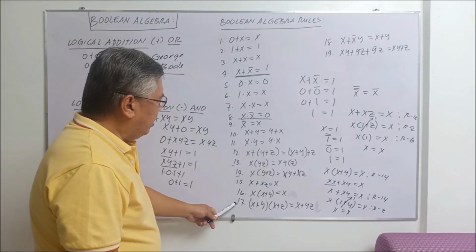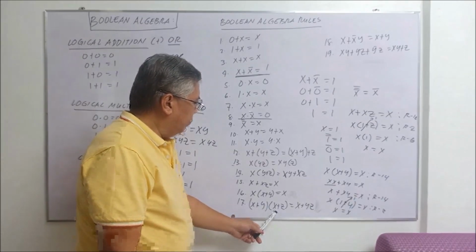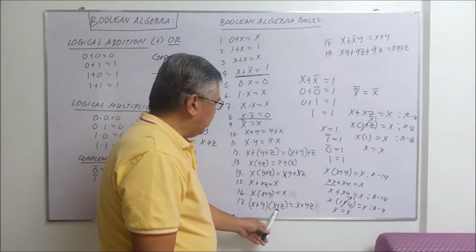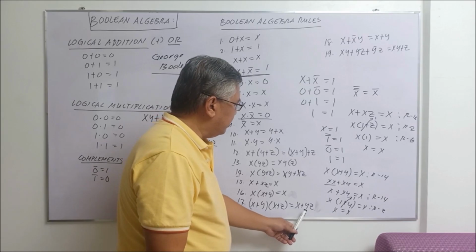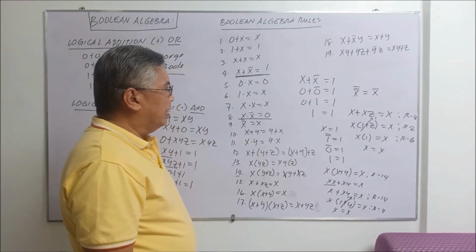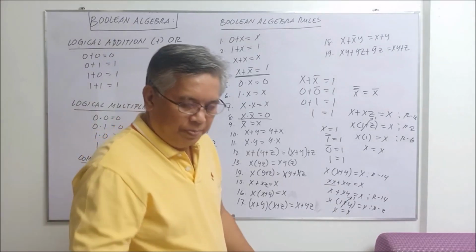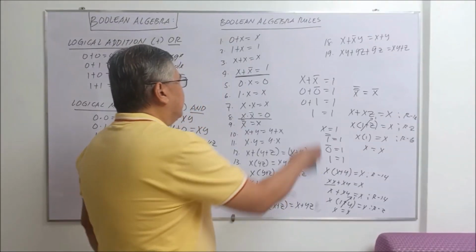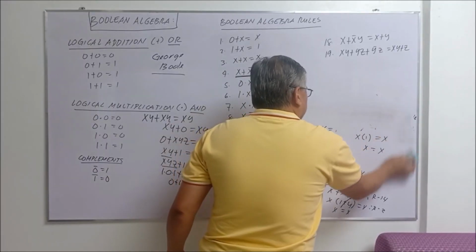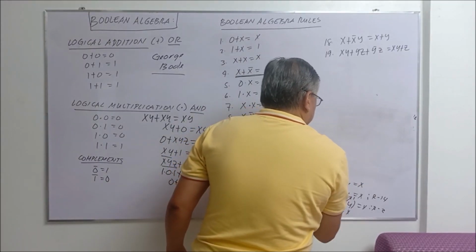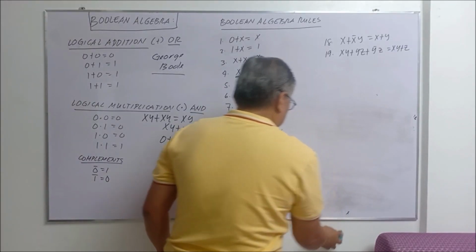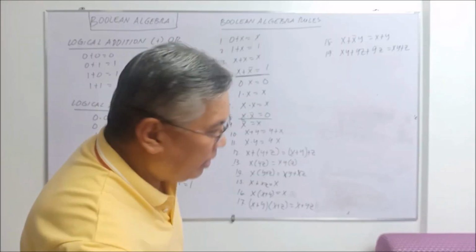Then, rule 17: (x plus y) multiplied by (x plus z) is equal to x plus yz. Alright? So, actually, we can prove this using our proven rules. Okay, let's try.